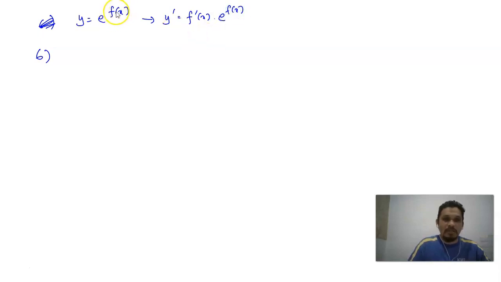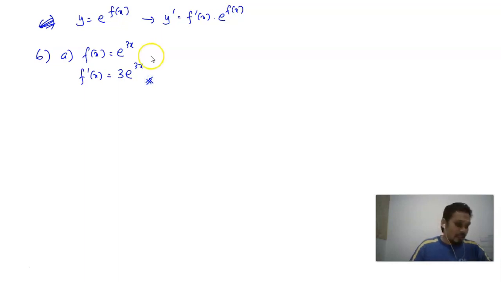So it means that we differentiate the function above, the power of e, the constant of e, bring up here f prime x multiplied with e to the power of fx. So the first question here now, 6, fx equal to e to the power of 3x. So then f prime x equal to differentiate 3x, 3e power of 3x.